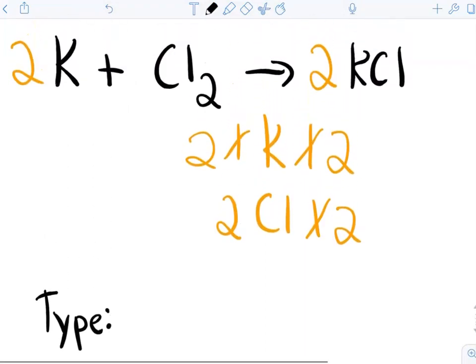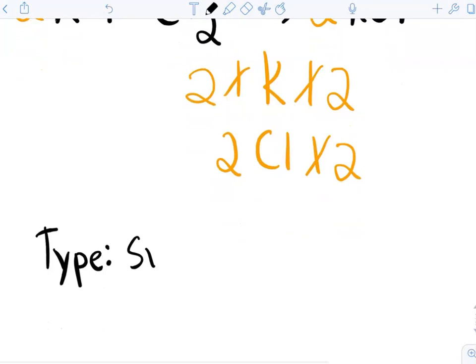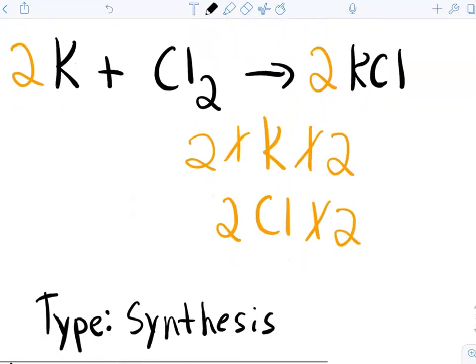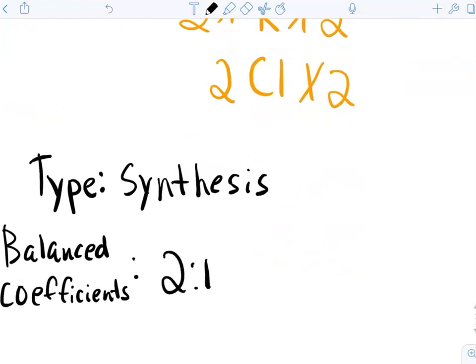So in this case, our type is going to be synthesis because we have 2 things coming together into one. And then our balanced coefficients are going to be 2, 1, and 2.